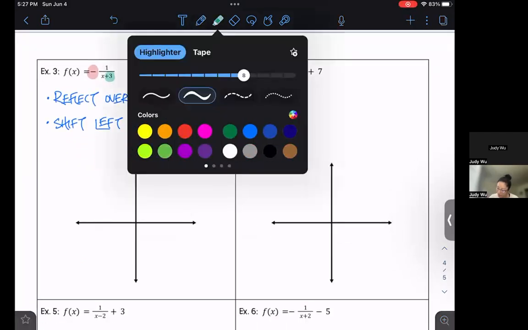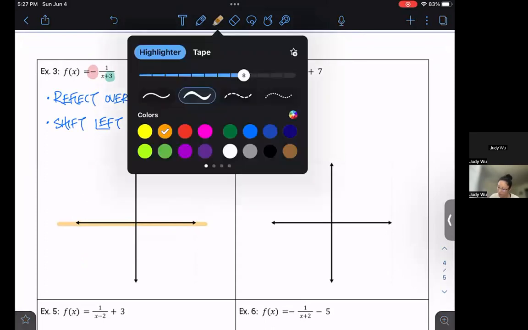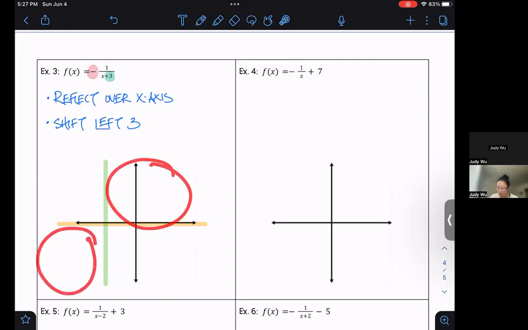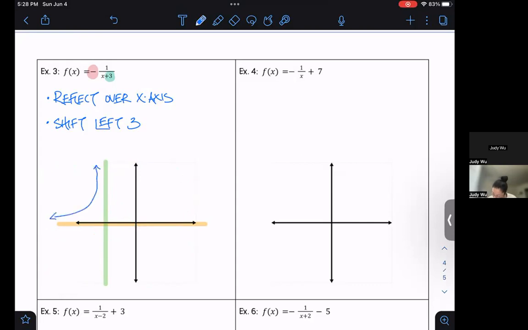If I shift to the left 3, I am not changing my horizontal asymptote. But I am changing my vertical one to be somewhere over here. Okay. And now my branches, instead of being top right and bottom left, because of the reflection, now it's going to be top left and bottom right. Draw a branch in here. I'll draw a branch in here.